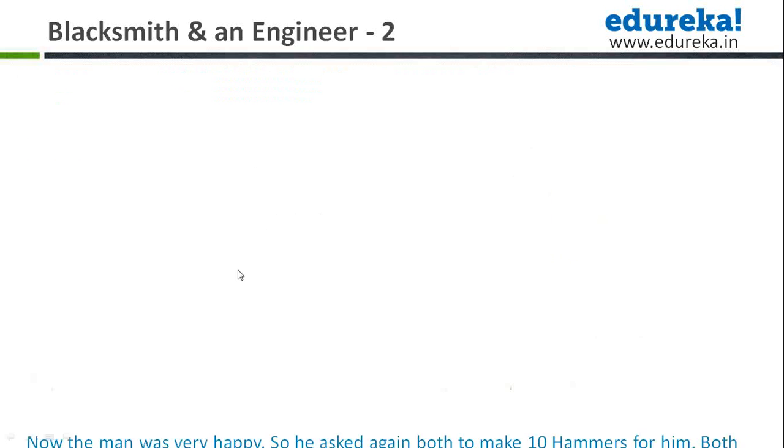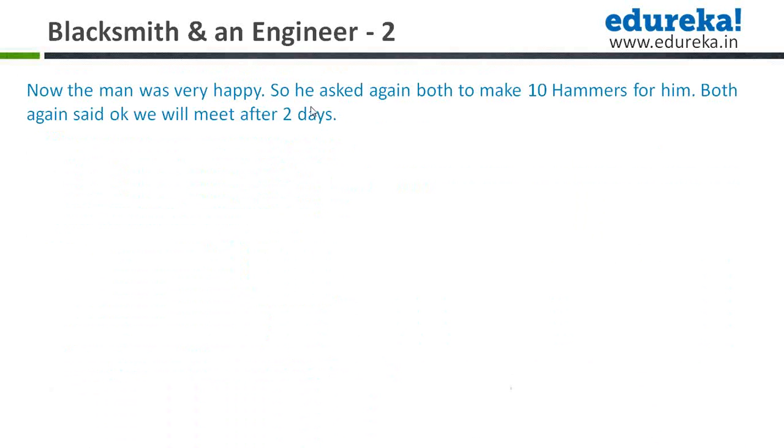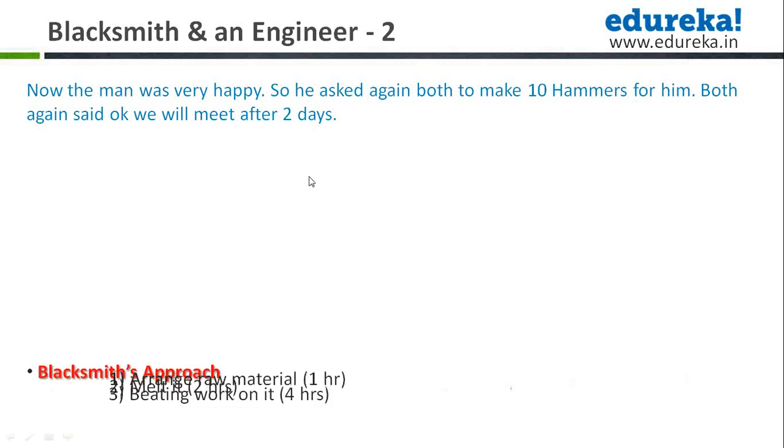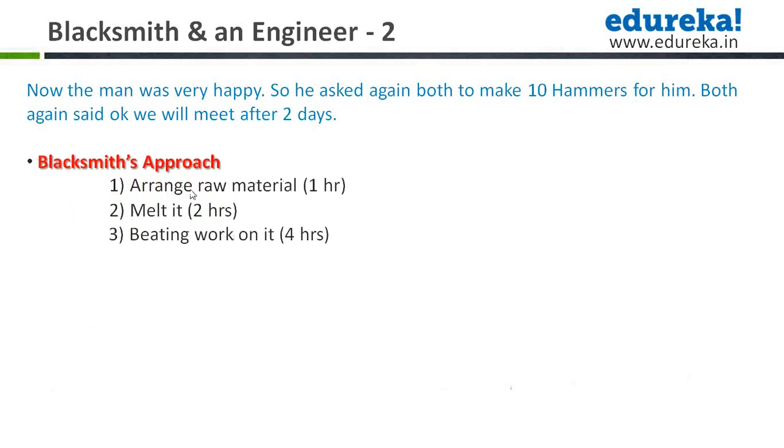Next day, the man was very happy, so he asked both to make 10 hammers for him. Both again said, okay, we'll meet after 2 days. Now the blacksmith's approach: 1 hour for raw material, 2 hours for melting, 4 hours of beating work per hammer. Since it is 7 hours per hammer, for 10 hammers he will take 70 hours.